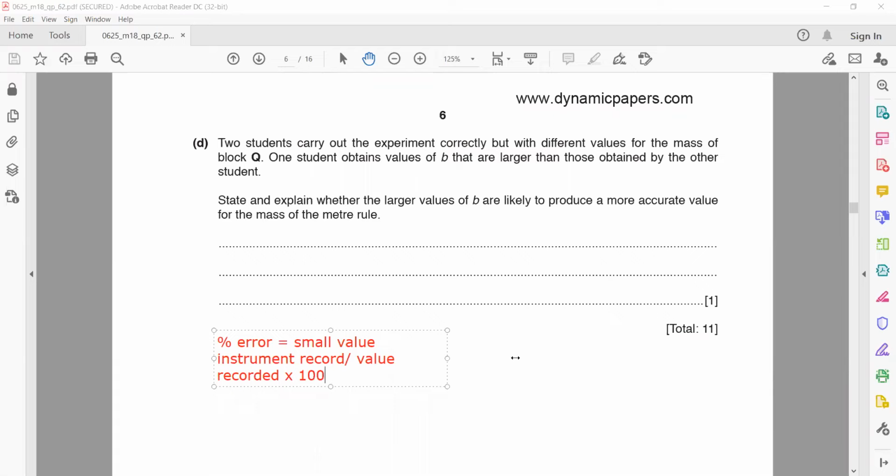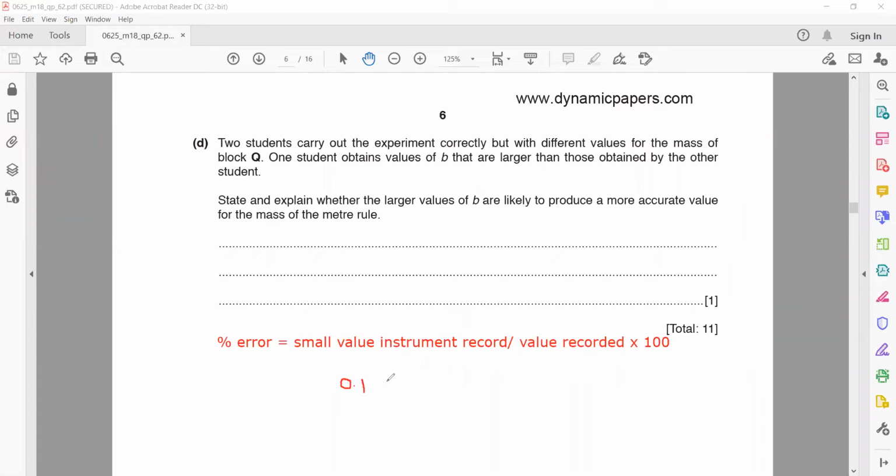That is the formula for percentage error in the measurement. When we are using a meter rule, what is the smallest value which a meter rule can record? That is 0.1 centimeter.